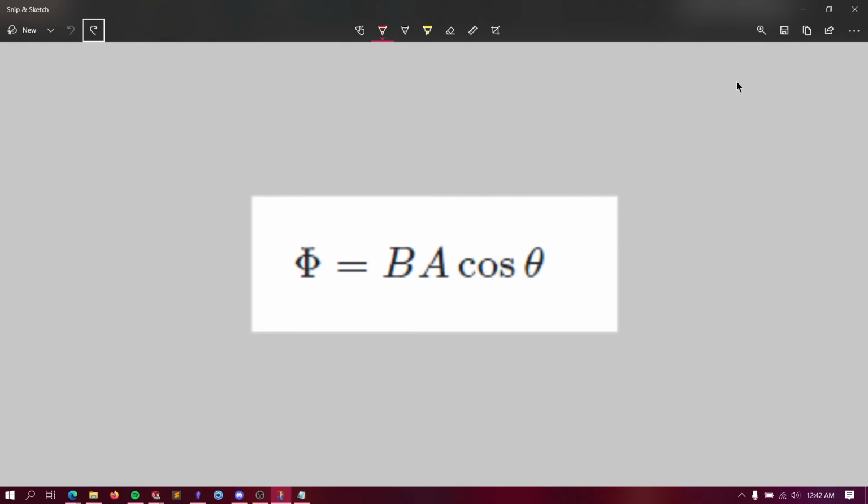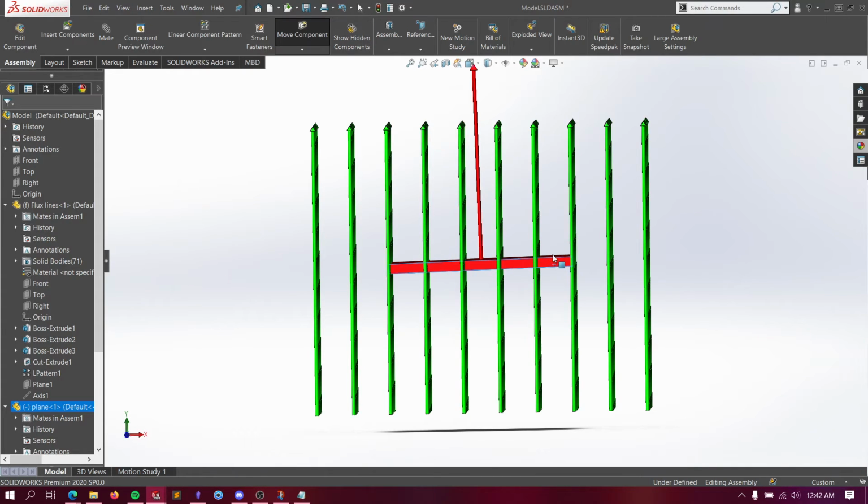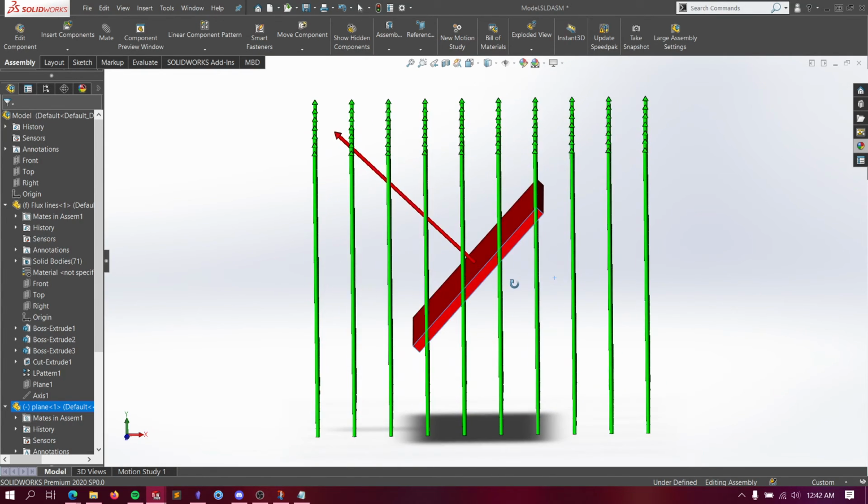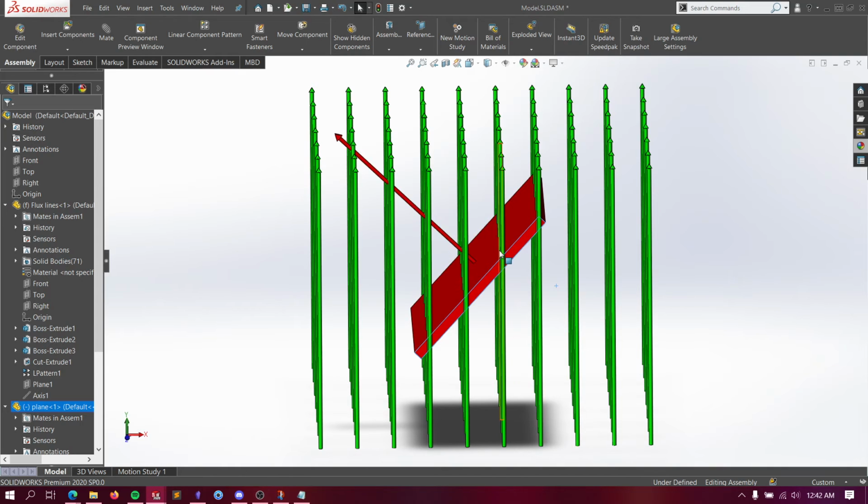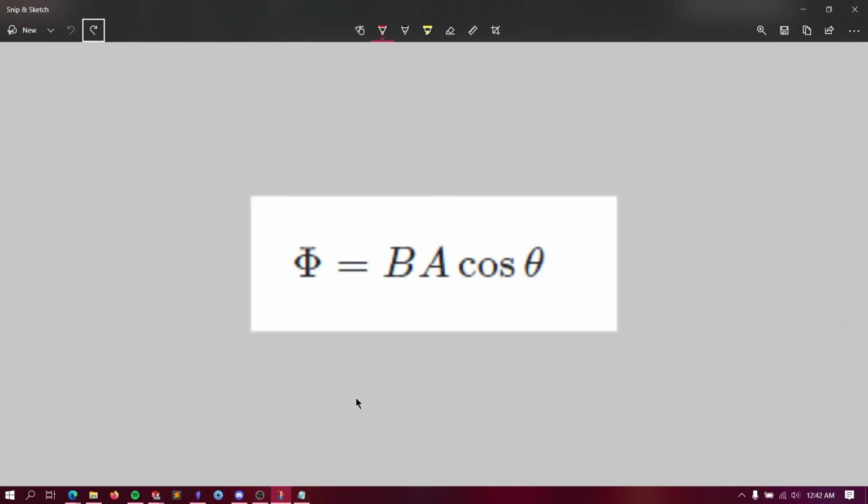However, as the angle changes, say we go to an angle of 45 degrees, the amount that is going through decreases. If you ask, what's cos 45, you get 0.7, and a way to think of it is that you lose 30% of the magnetic field, or only 70% of the magnetic field is going through that plane, and that is why you multiply by this.